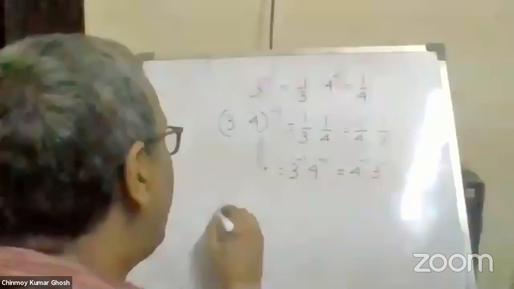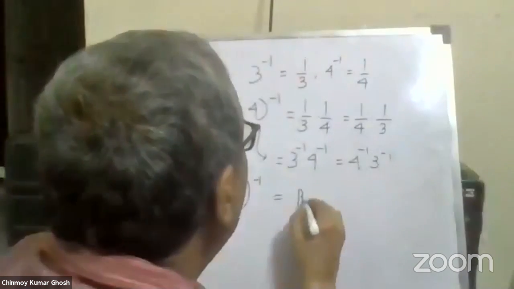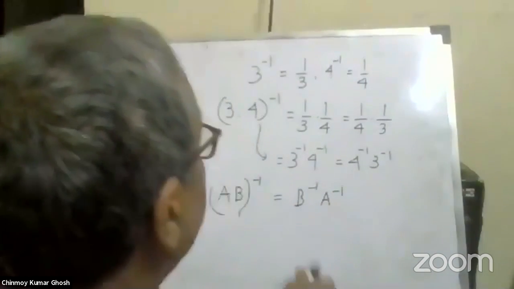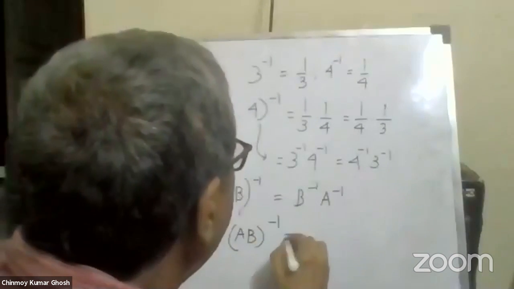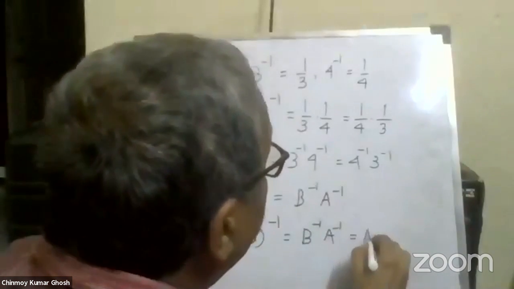But in case of matrix, you have AB inverse is equal to B inverse A inverse. In case of normal algebra, AB inverse can be B inverse A inverse, or even A inverse B inverse.